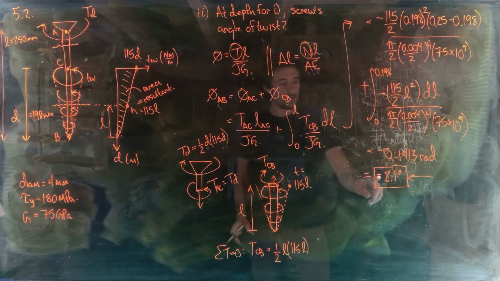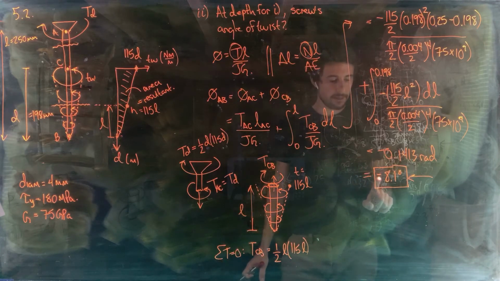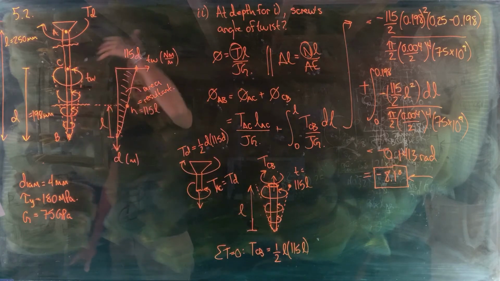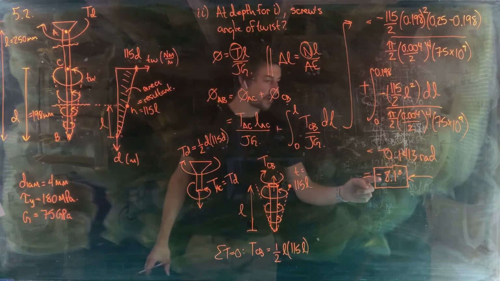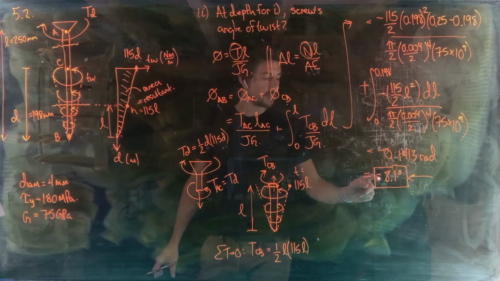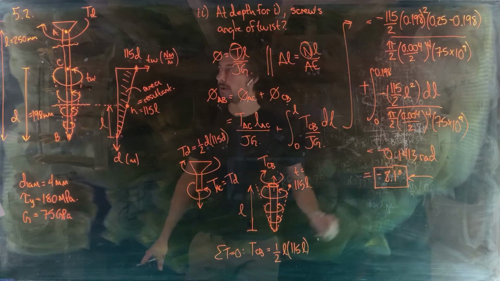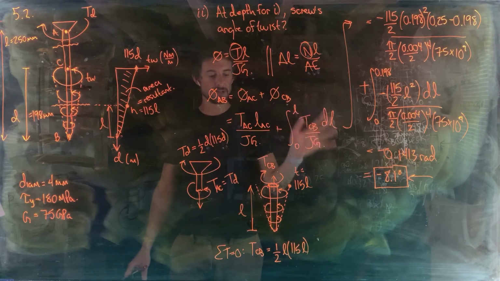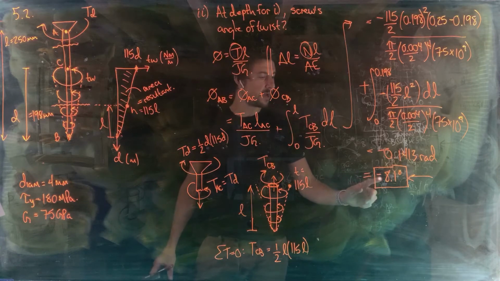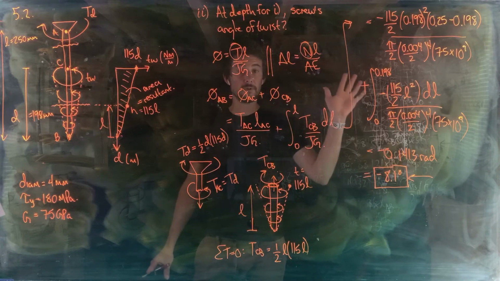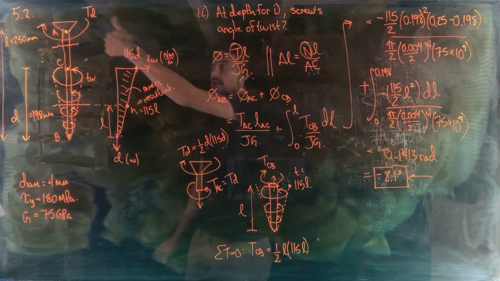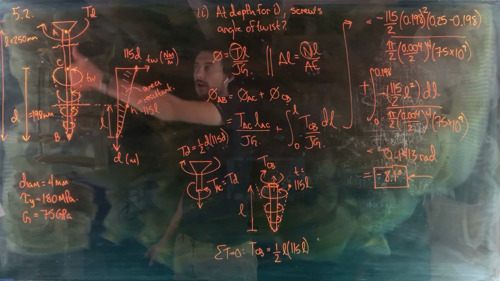Okay, so what does the negative in front of this number mean? That means that, what is the actual direction of angle of twist? Well, a positive angle of twist is given by, again, the right-hand rule. Because we were using the right-hand rule to pick the signs for internal torques, the sign of the resulting angle of twist is also given by the right-hand rule. So what you do is you take the thumb of your right hand, direct it along the length of the screw.